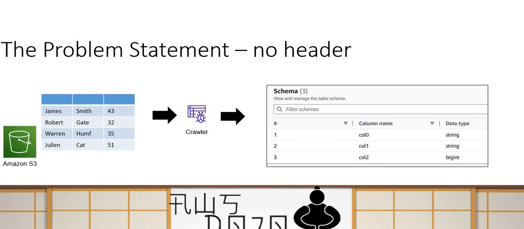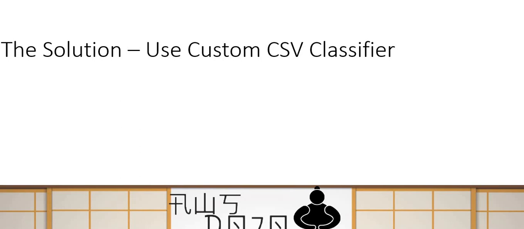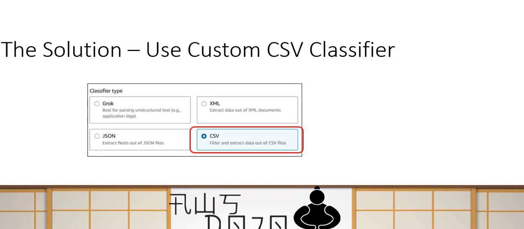So what is the solution? You see that in both of the earlier scenarios, the out-of-box CSV classifier working with the crawler is not able to give you the desired result. So obviously the requirement is to go and create a custom classifier. And in Glue, you can create four types of custom classifier.